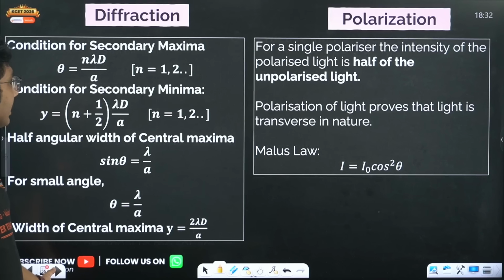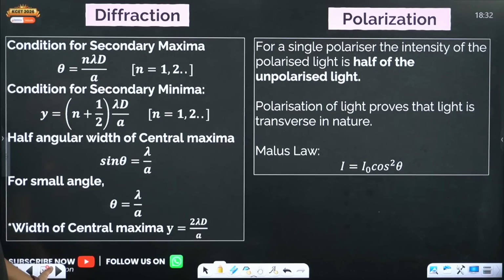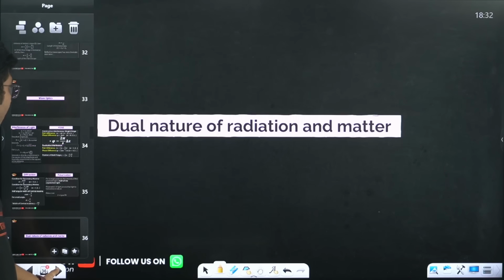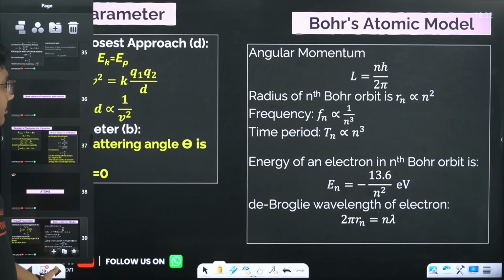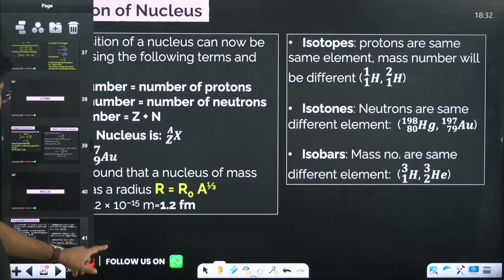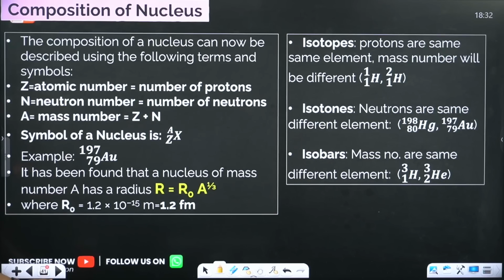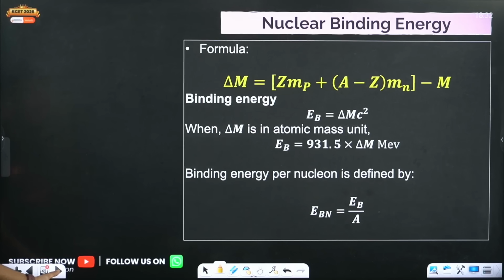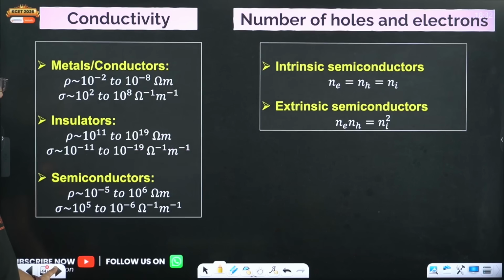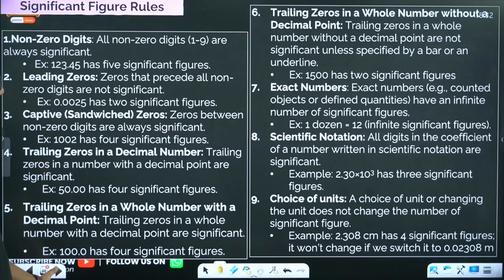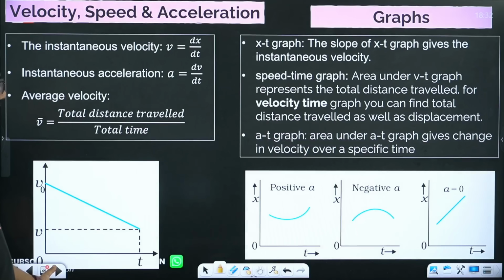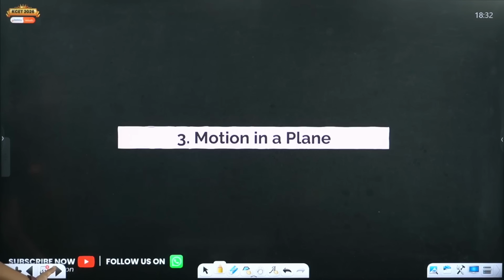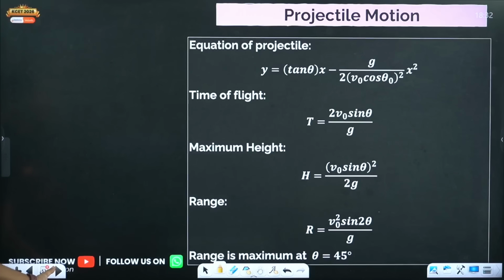Next we have diffraction, polarization, dual nature, atoms. Nucleus, nuclear binding energy, semiconductor, basic formulas of semiconductor, units and measurement. So you can do a quick revision of all the concepts from this single formula sheet.